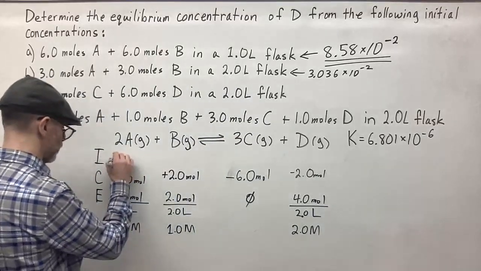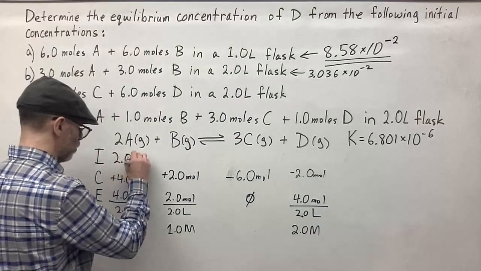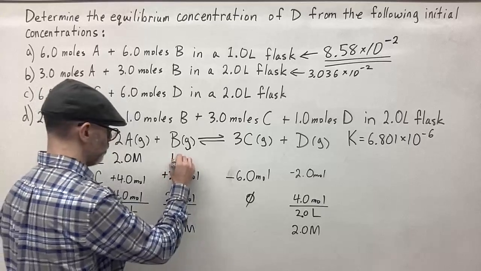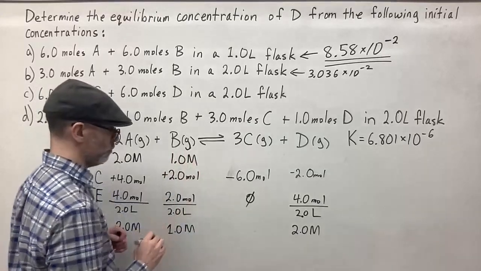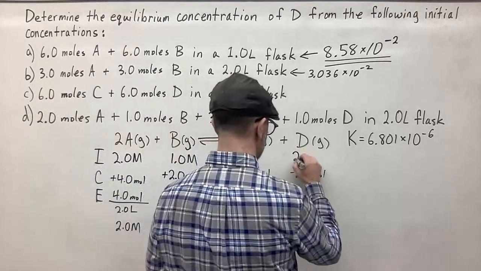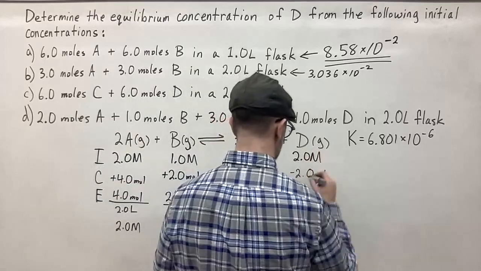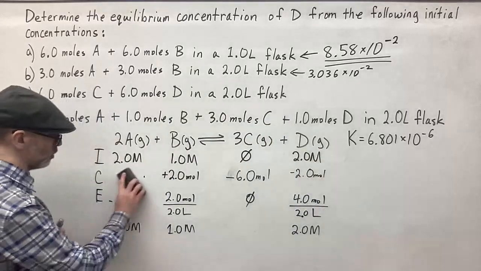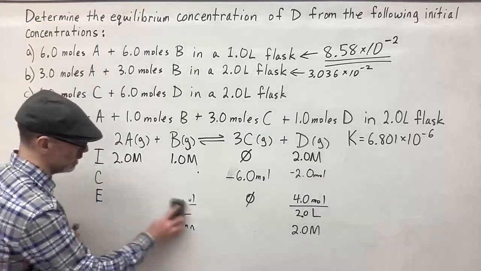So I'm going to start with 2.0 molar of A, 1.0 molar of B, 0 of C, and 2.0 molar of D. Okay, so everything else I can now erase.